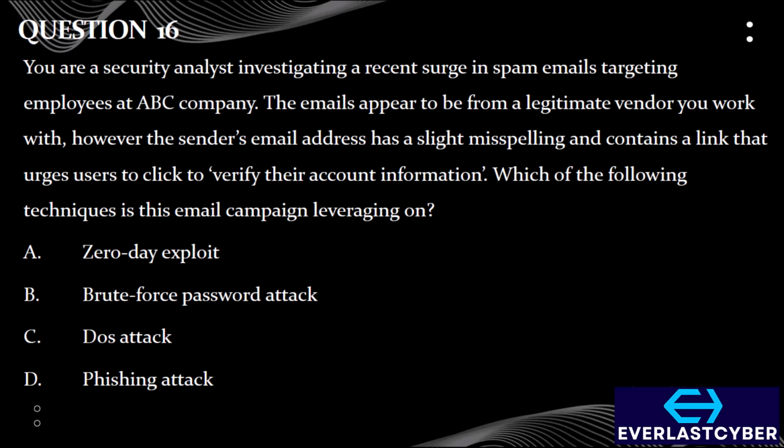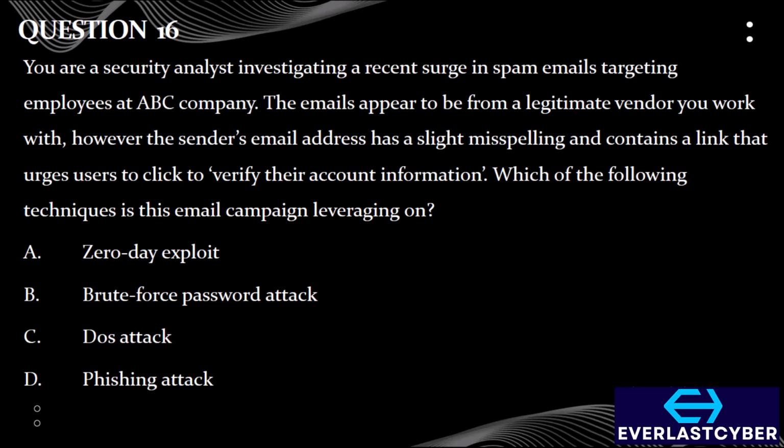A brute force attack involves a hacker trying many passwords with the hope of eventually guessing correctly. It does not apply to this scenario because the focus is on deceiving the user through an email. The denial of service attack aims to make a resource unavailable to its intended users by flooding it with fake requests.